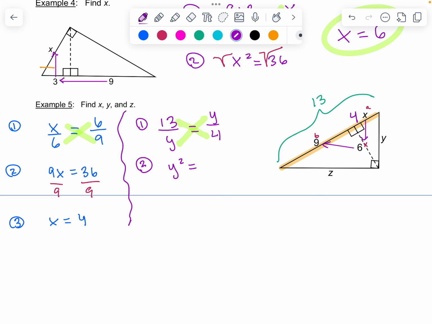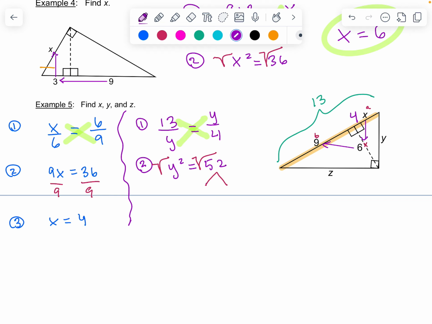I get y squared is equal to 13 times 4, which is 52. And we can go ahead and take the square root of that and break that one down. And if we think about what we just multiplied, we multiplied a perfect square times 13.